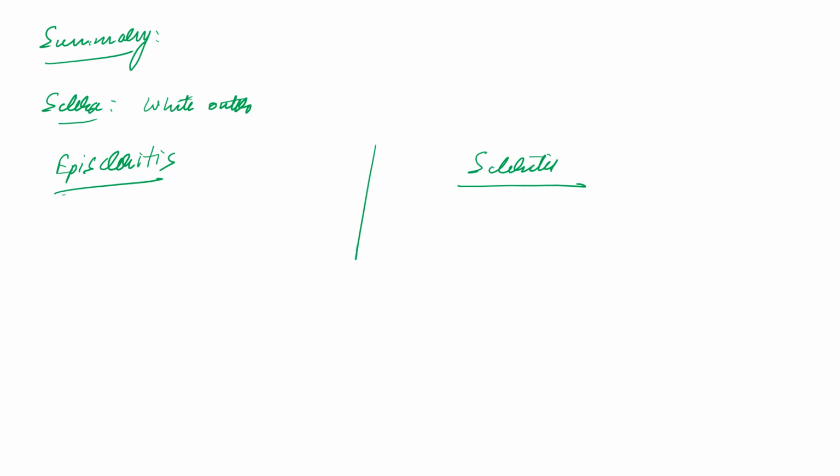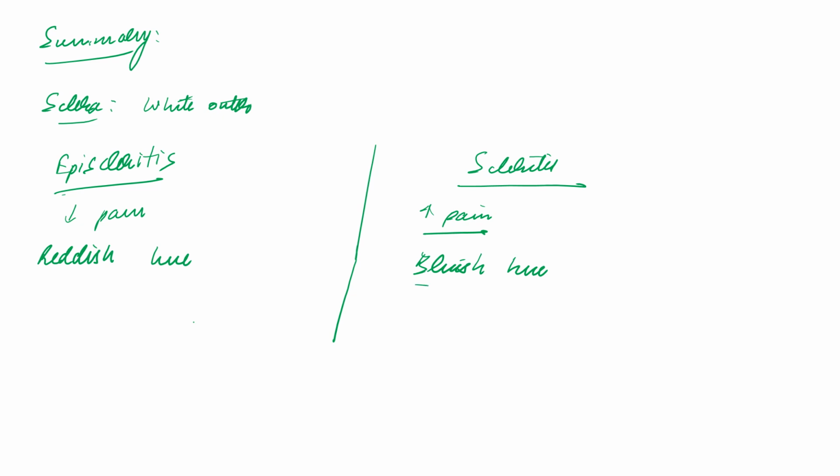Some key differentiating features being, in episcleritis there is mild pain, whereas the pain will be very severe in case of scleritis. This pain can awaken the patient at night. Other differentiating features include there will be reddish hue in case of episcleritis, whereas the hue will be bluish in case of scleritis because it is deep.